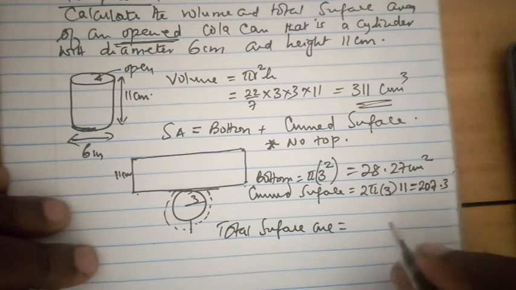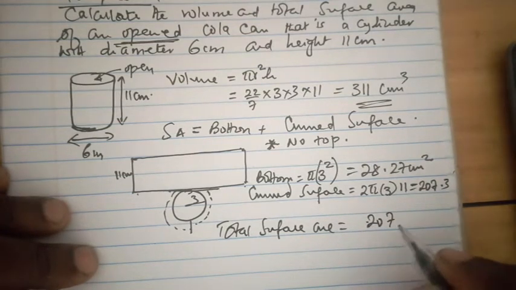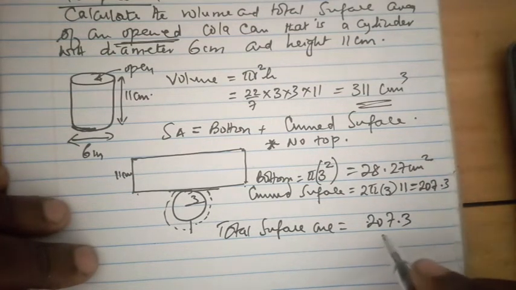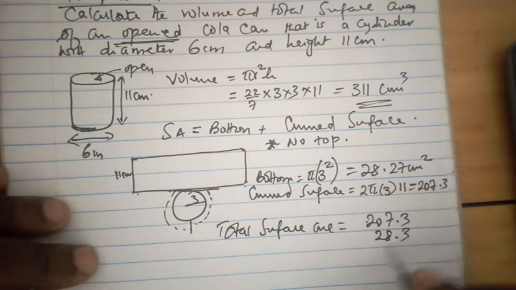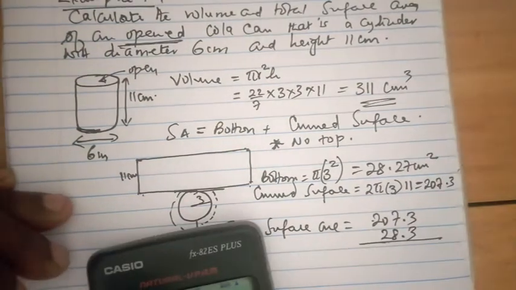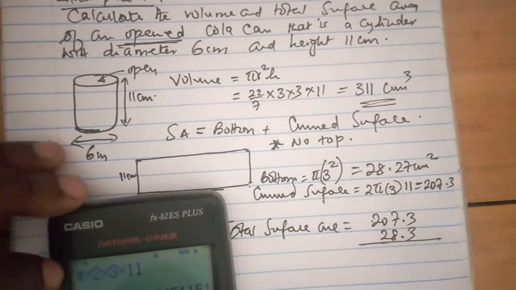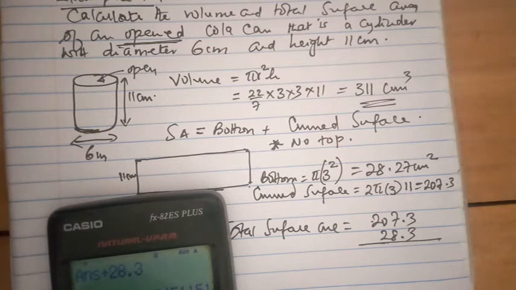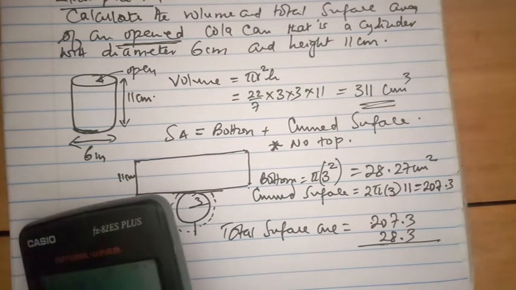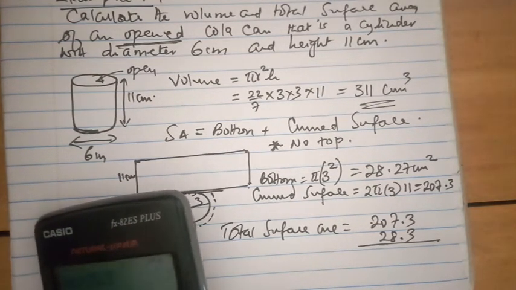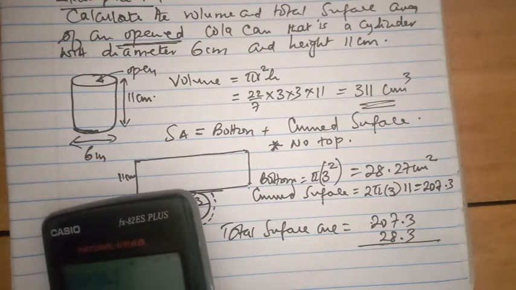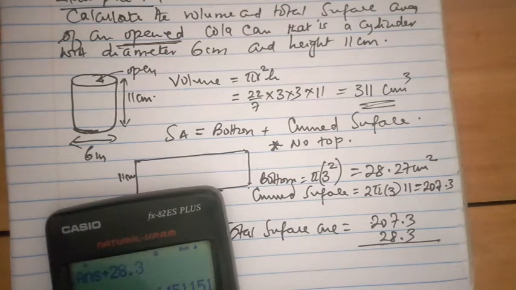So the total surface area is 207.3 plus 28.3, and you'll get about 235.6. The total surface area is the circle plus the curved surface.